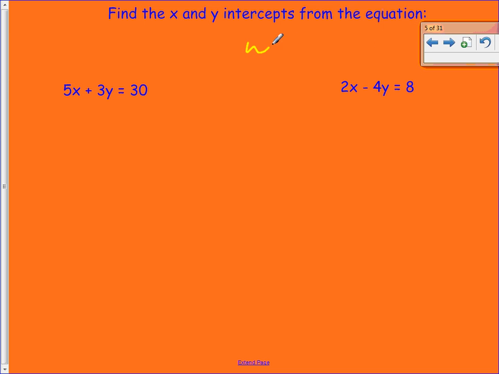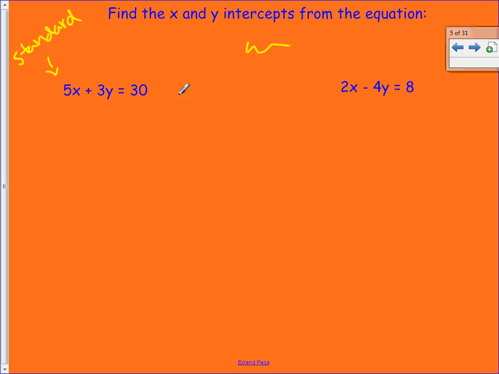Let's see if this shows up. Find the x and y intercepts from the equation. What form is this in? This is in standard form. How do I know what my x and y intercepts are when I'm given standard form or even slope intercept form? What does that mean? It means that I have zeros, right?